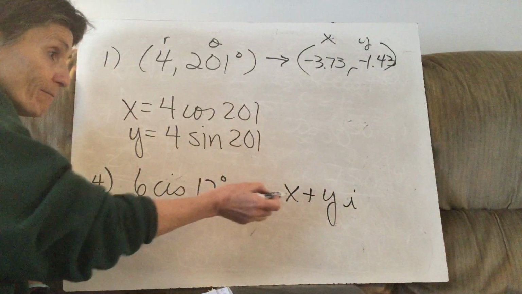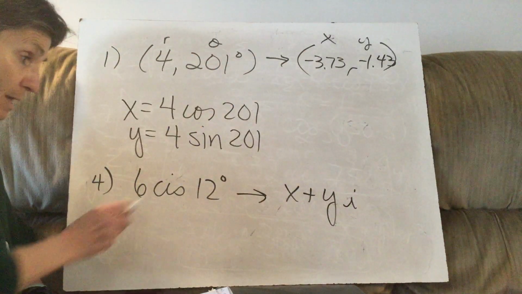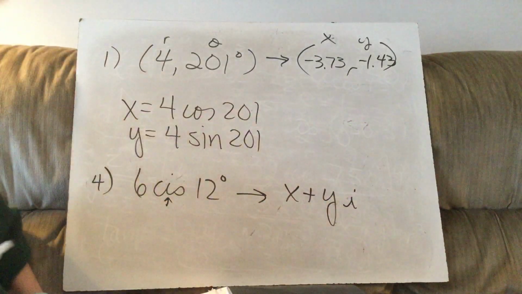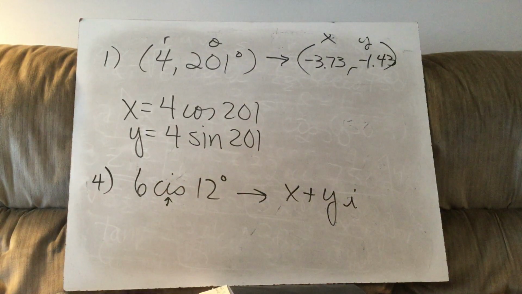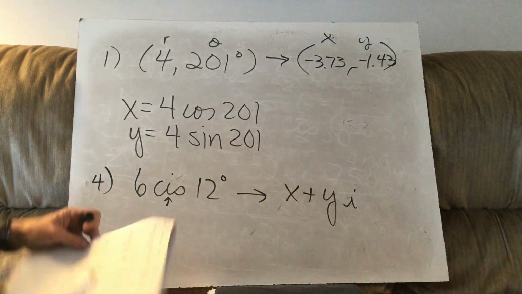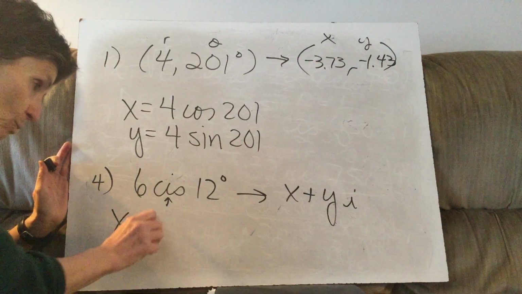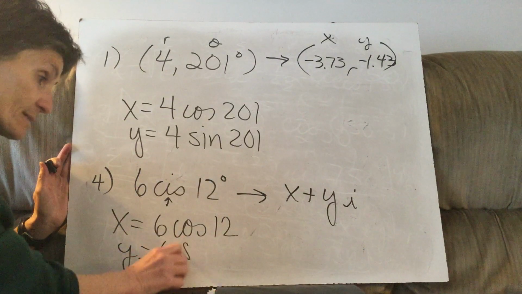So we're still going to find x and y, just like we did up here. But because there's an i in this problem, we have to have an i in our answer. So instead of writing it like an ordered pair, we're going to write it this way. But we're going to find x and y exactly the same way. So x equals 6 cosine 12, and y equals 6 sine 12.